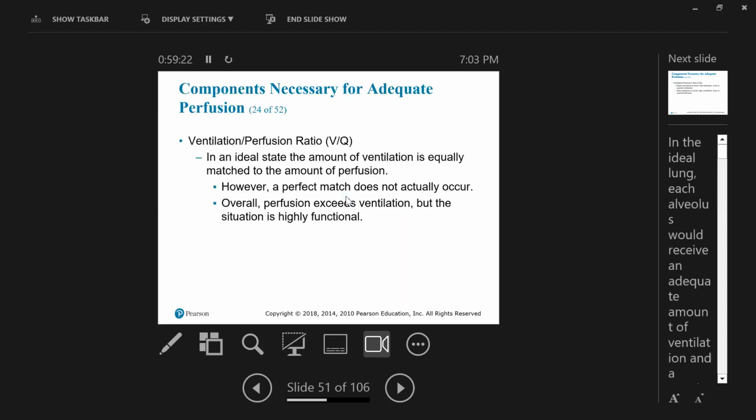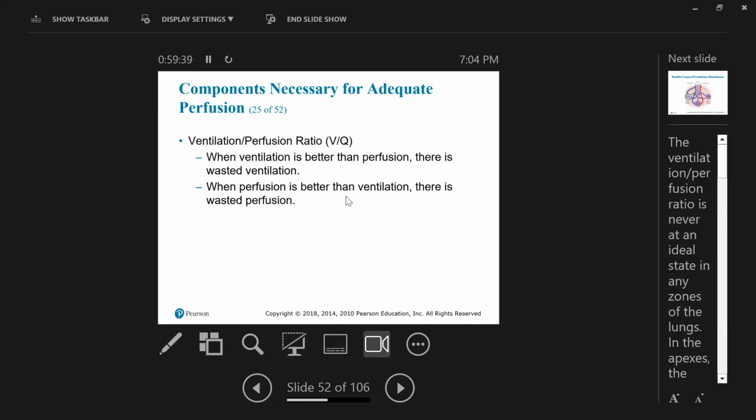Ventilation perfusion, in an ideal state, the amount of ventilation is usually matched to the amount of perfusion. However, a perfect match does not actually occur. Overall, perfusion exceeds ventilation, but the situation is highly functional. When ventilation is better than perfusion, there is wasted ventilation.